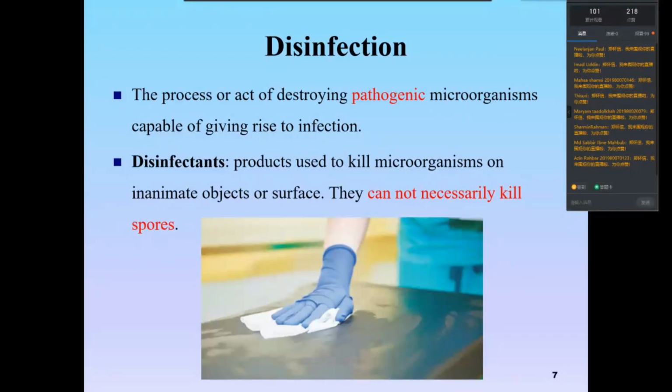Those chemicals, those products, we call them disinfectants. These disinfectants cannot necessarily kill spores. They can kill living bacteria. They can kill the replicating bacteria cells, but they cannot kill the endospores. So it's kind of a more mild condition.